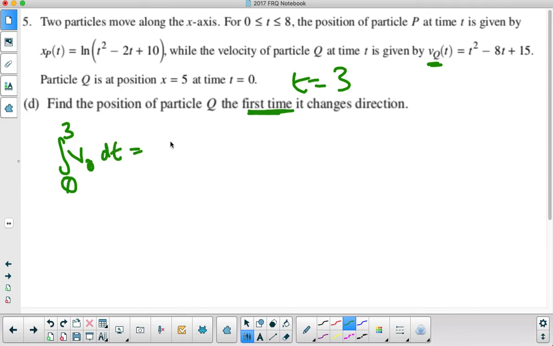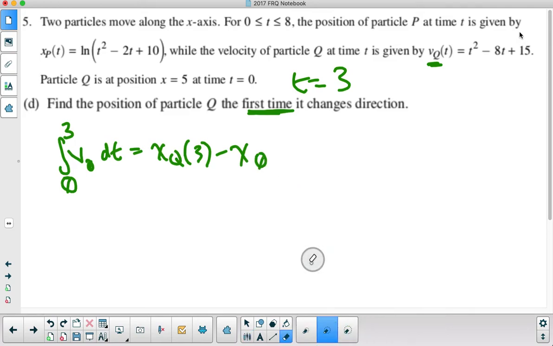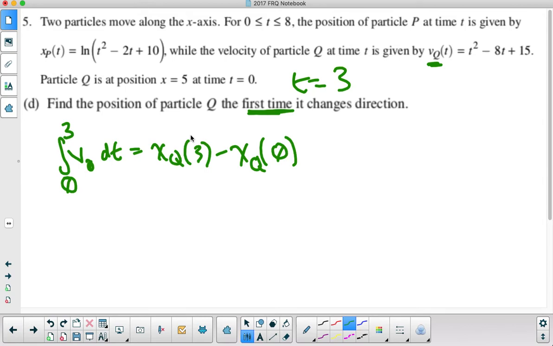So again, fundamental theorem of calculus, x q of 3 minus x q of 0. We're looking for xq of 3.